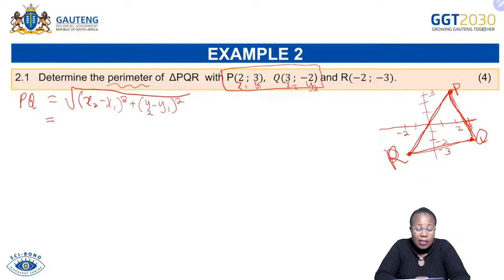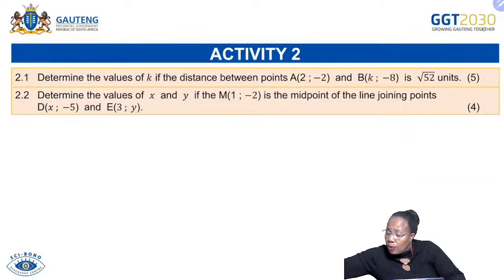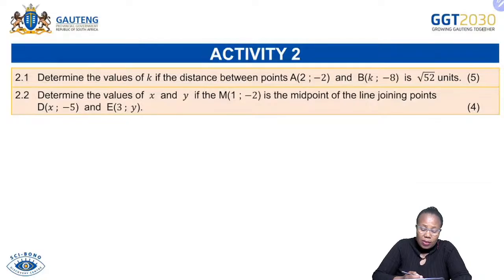Let's substitute now. What is x2? 3 minus x1, 2, squared plus y2, -2 minus 3, squared. Into our calculator, we are having the distance of PQ being the square root of 26.